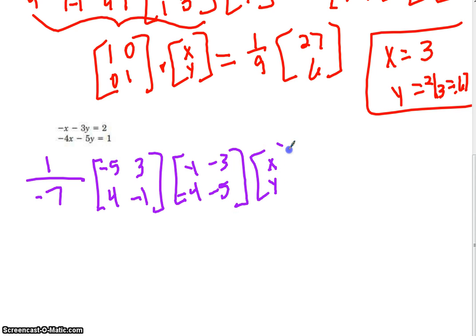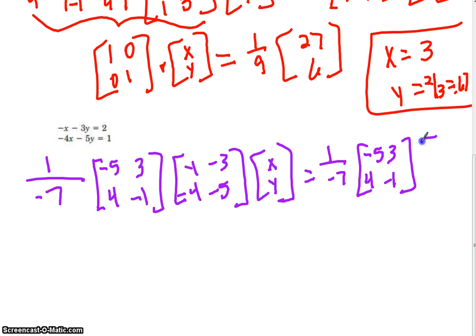times X, Y for your variables equals, you start with the same first part, 1 over negative 7 times negative 5, 3, 4, negative 1 times what was already on that side, which is 2 and 1.